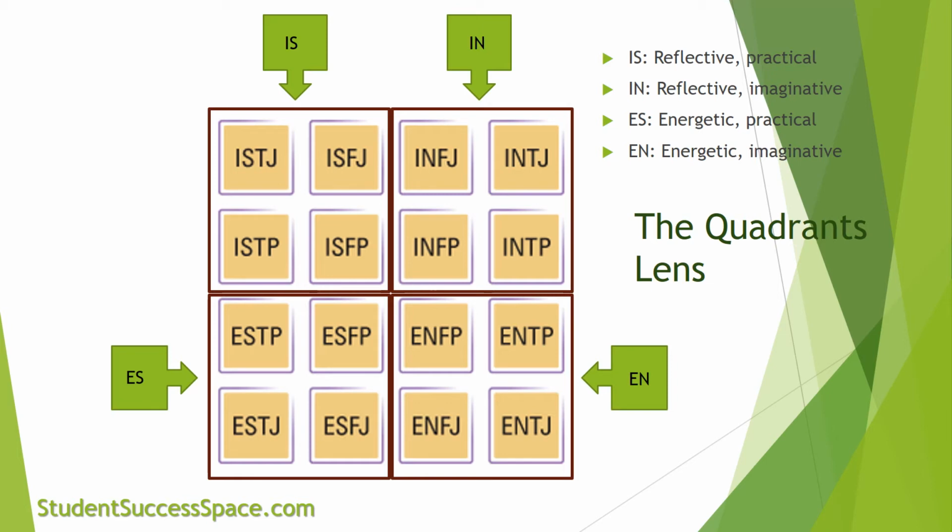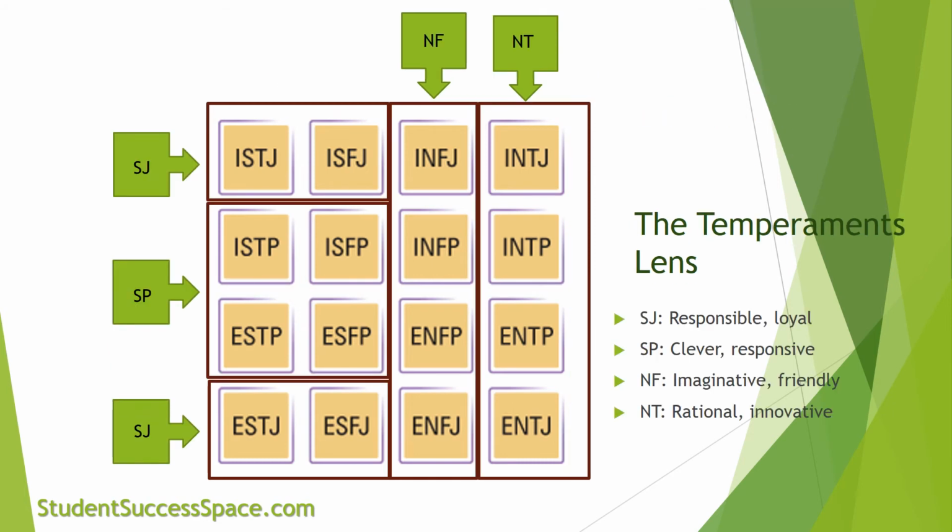This corresponds to a combination of a preferred attitude, extroverted or introverted, and how they wish to take in information, which would be sensing or intuition. ISs are very reflective, but they're also very practical. In contrast, an IN is reflective and imaginative. ESs are energetic and practical, and ENs are energetic and imaginative.